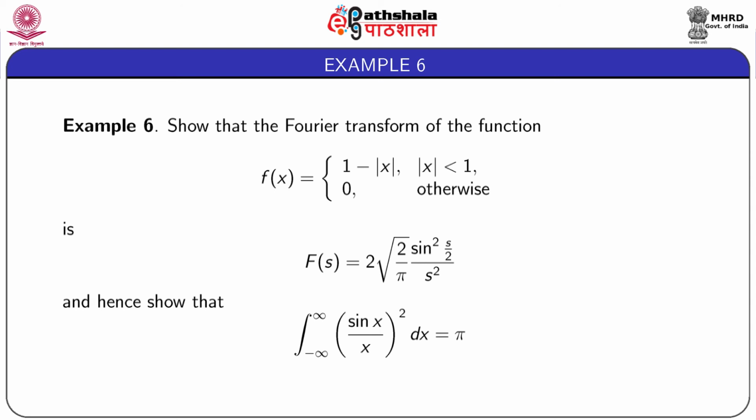Show that the Fourier transform of the function f x equal to 1 minus mod x for mod x less than 1 and 0 otherwise is capital F s, which is the Fourier transform of small f x. This is equal to 2 into root over 2 by pi sine square s by 2 divided by s square. Hence, show that integral from minus infinity to plus infinity of (sine x by x) whole square dx equal to pi.